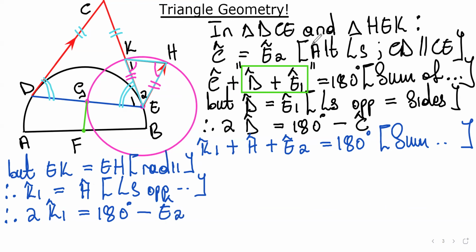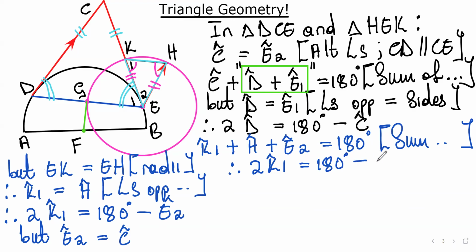That's what I'm going to say. Okay. But of course, I know that E2 is equal to angle C. So this means twice as much angle K1 will be 180 degrees minus angle C.